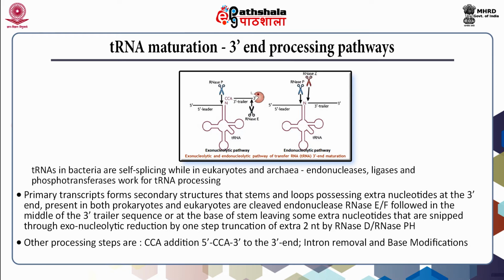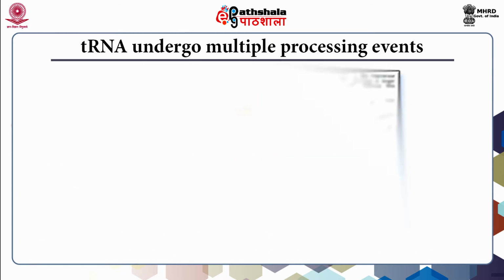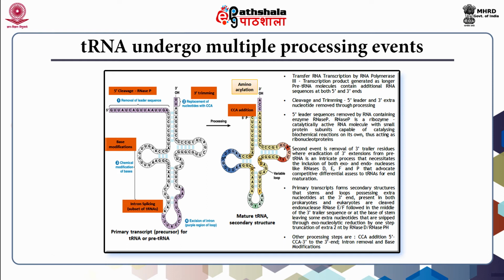The second event is the removal of the 3' trailer residues. The eradication of the 3' extensions from the pre-tRNA is an intricate process that necessitates inclusion of both exo and endonucleases that advocate competitive differential access to tRNAs for end maturation.